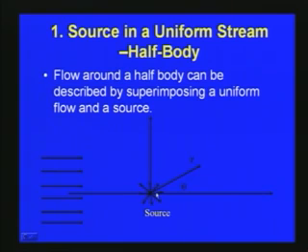At the origin we keep a source. At any point, r is defined with respect to theta. Now we superimpose this uniform flow and the source as shown in this slide. Then a half body will be formed.